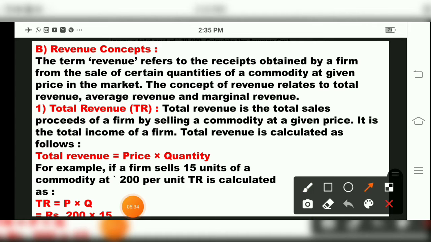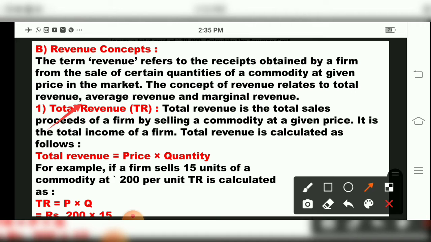So total revenue is the total sales proceeds of a firm by selling a commodity at a given price. It is the total income of a firm. So total revenue is calculated as follows, children. Total revenue is equal to price multiplied by quantity.